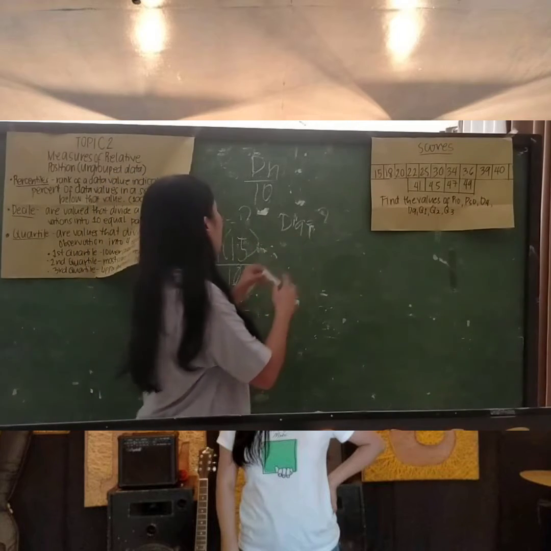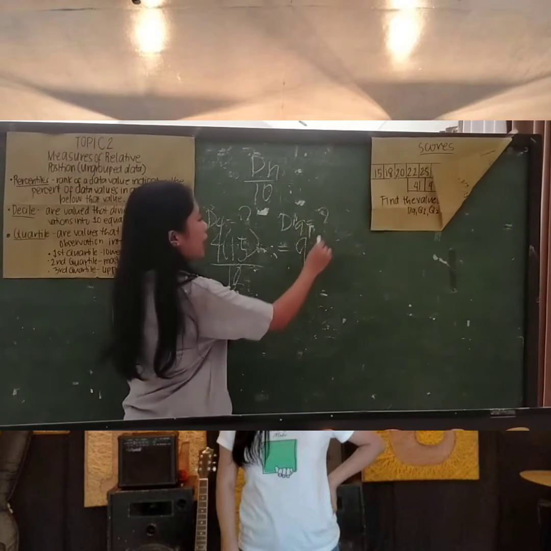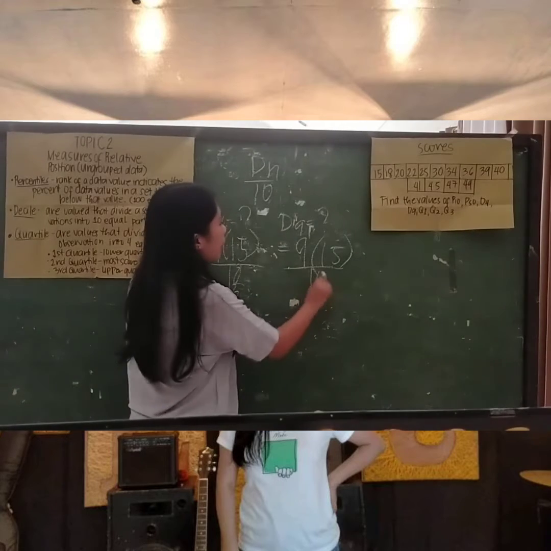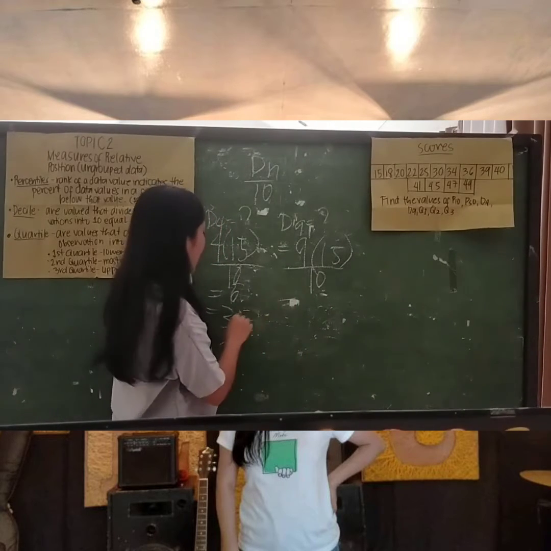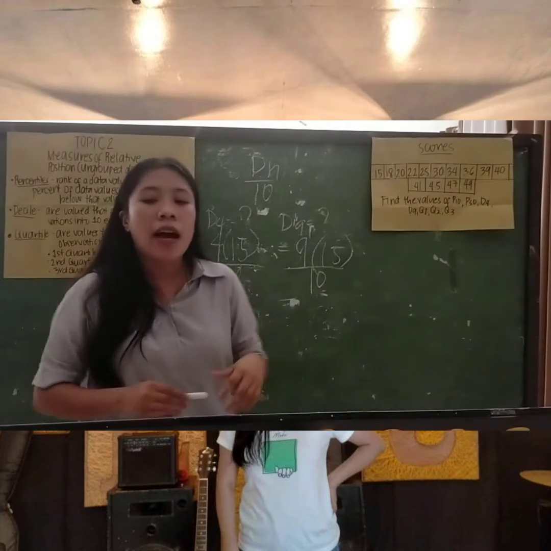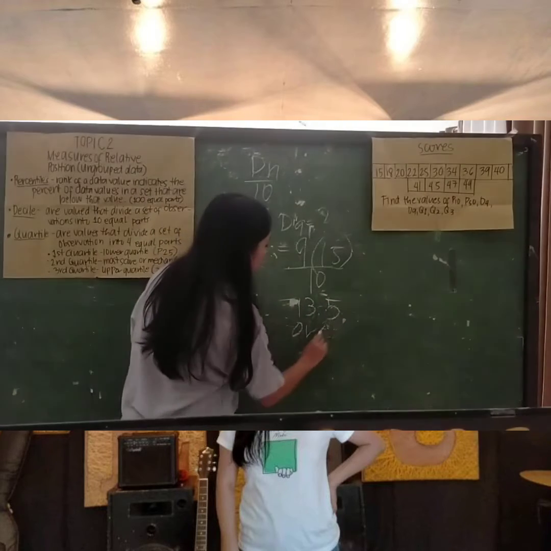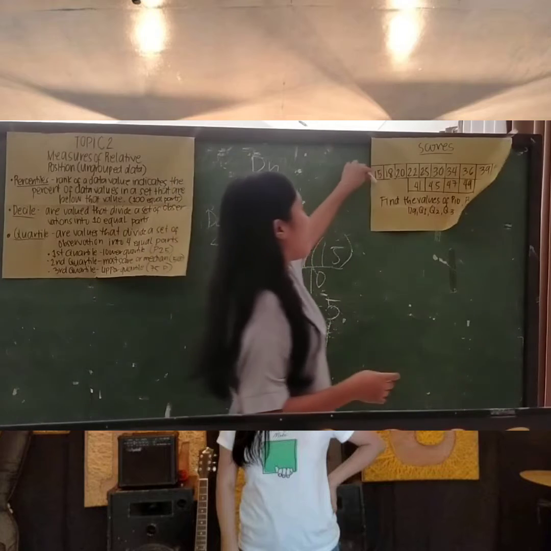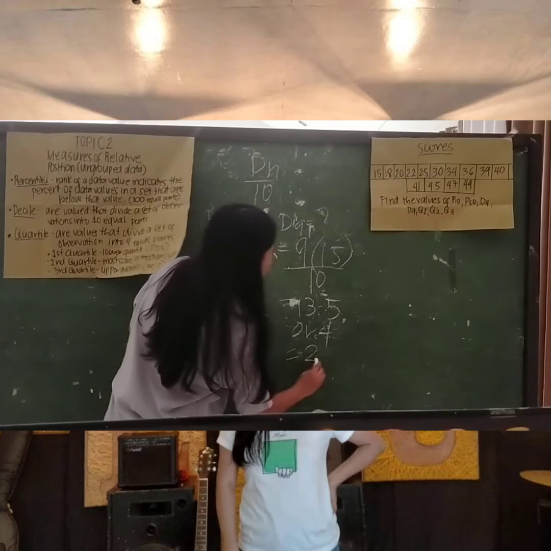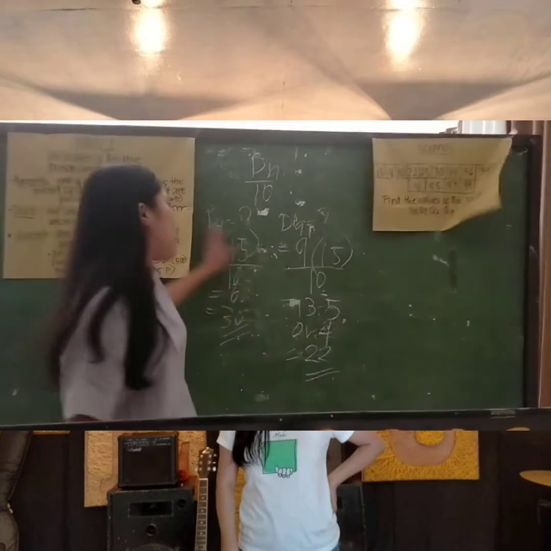For D9, we use 9 times 15 over 10, which gives 13.5 or 14. The fourteenth score is 22, so our D9 is 22.